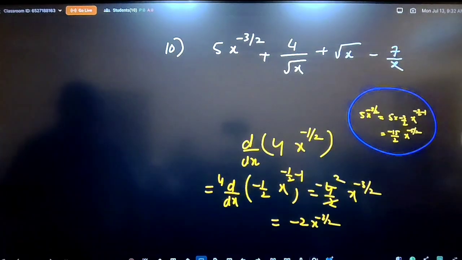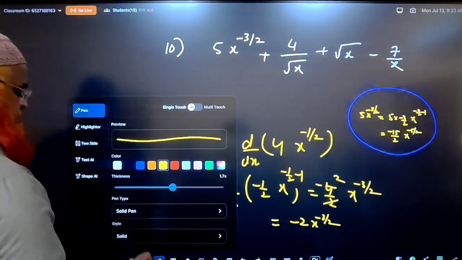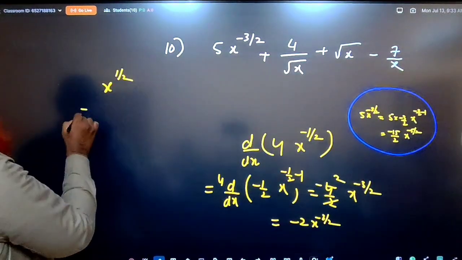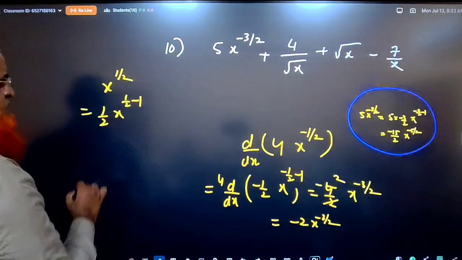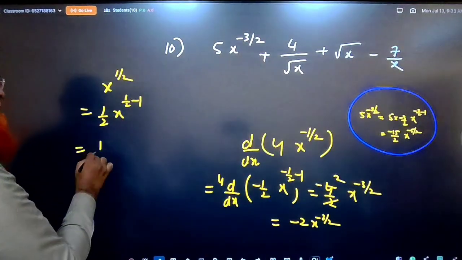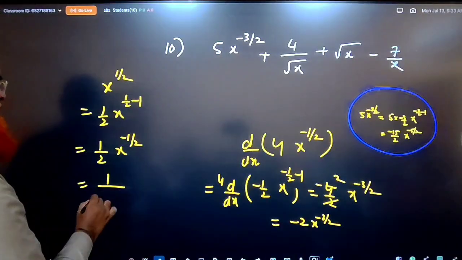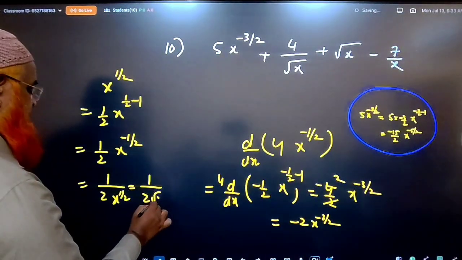So that is over. Root x, if you want to do separately, just now I told what the formula for root x is. Root x can be taken as x power of 1 by 2. This is 1 by 2 into x power of 1 by 2 minus 1, nx power of n minus 1. So 1 by 2 x power of minus 1 by 2, which is taken as 1 by 2 root x.